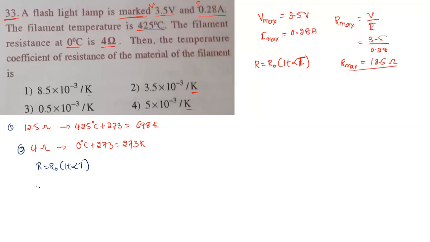R is 12.5, equal to R naught times 1 plus alpha, temperature 698.